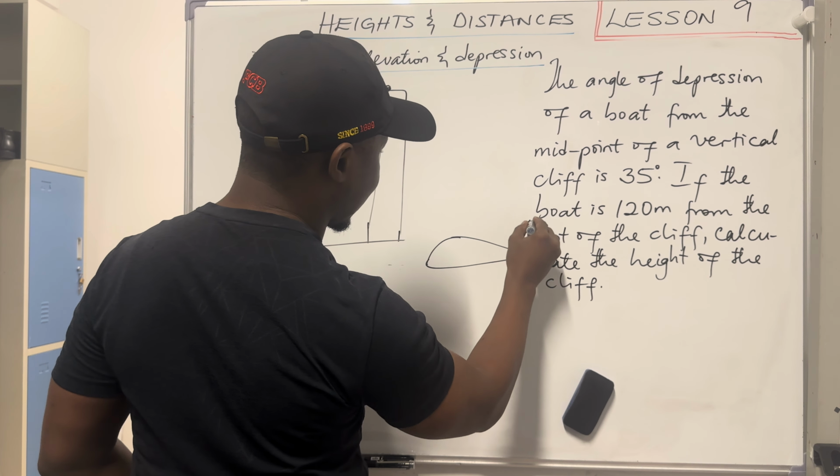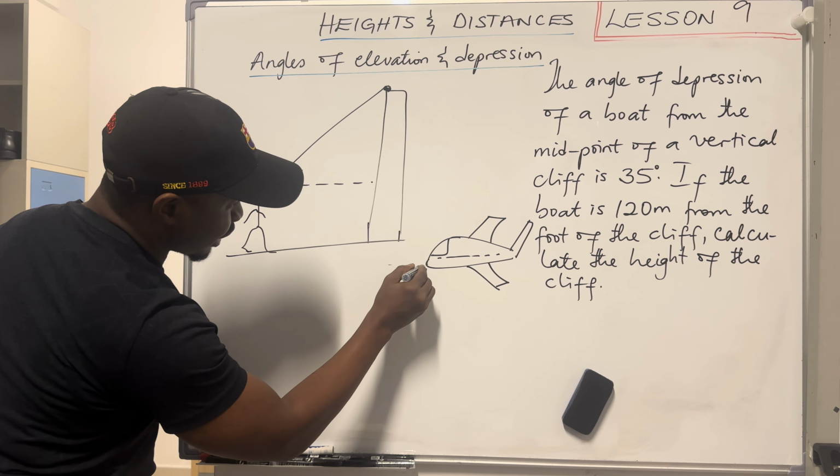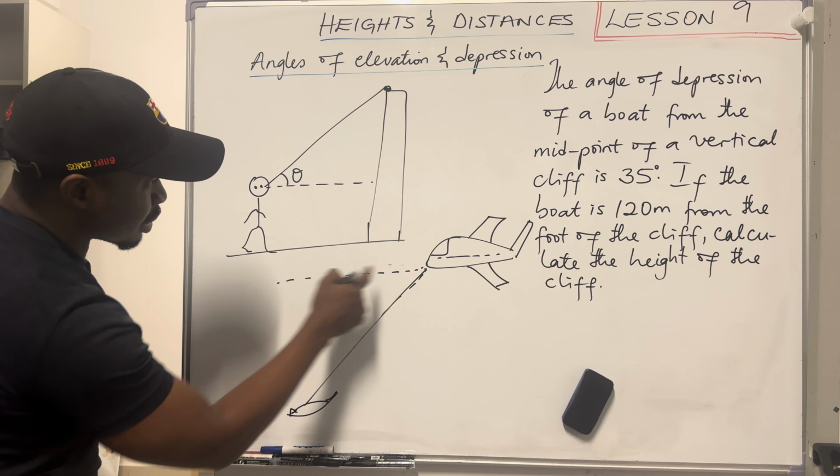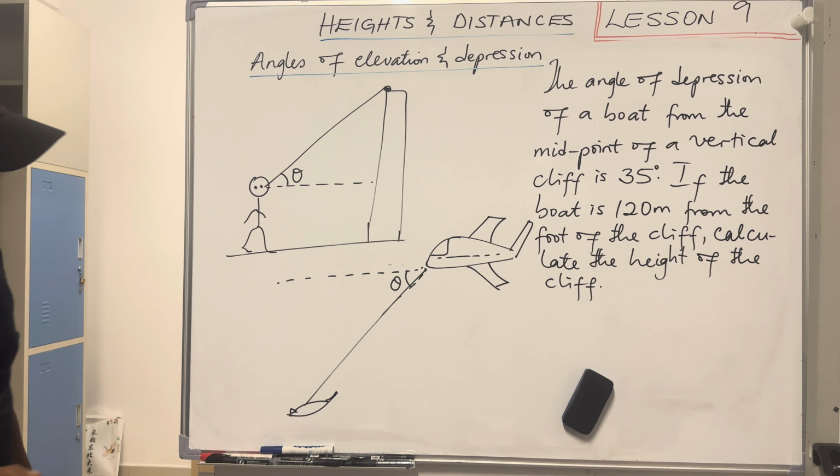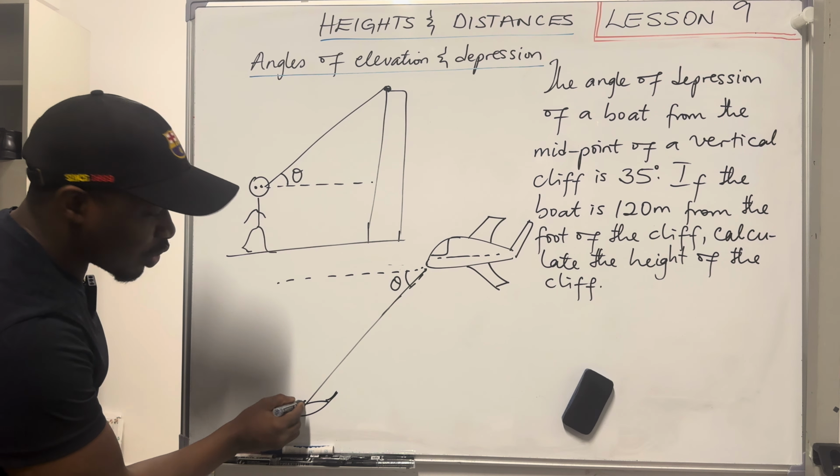Let's say a boat down here. But this is the horizontal line considering what? The flight. And this is the object or the location.